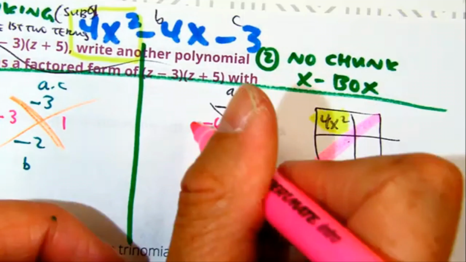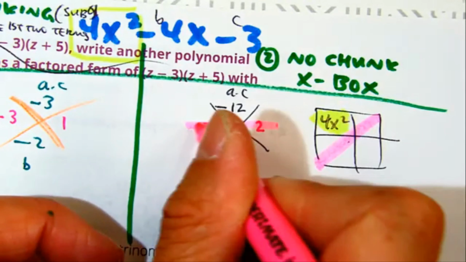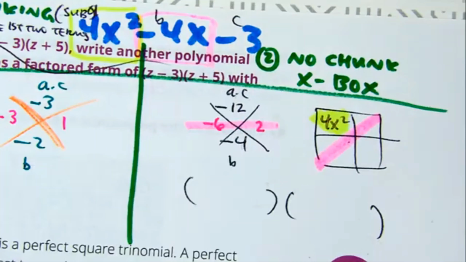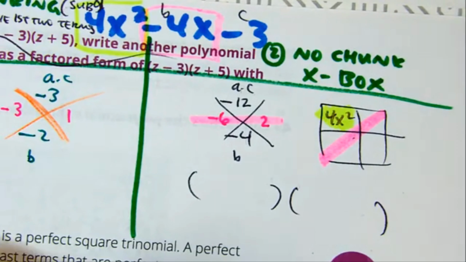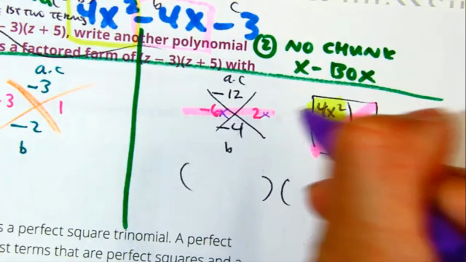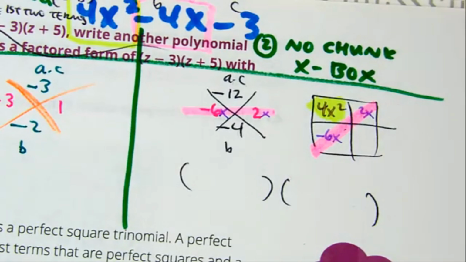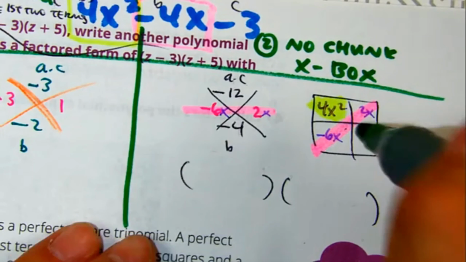Correct. These two values. Remember, these two values are splitting the middle term, so we have to add an x. Do you see that? So essentially, this is negative 6x, this is a 2x, so this is negative 6x, and this is 2x.